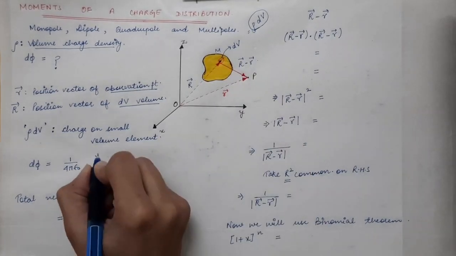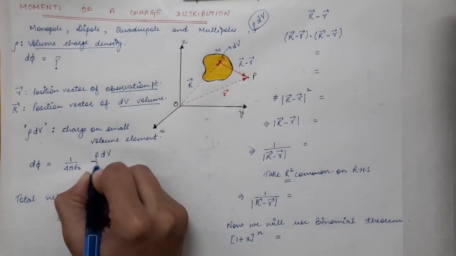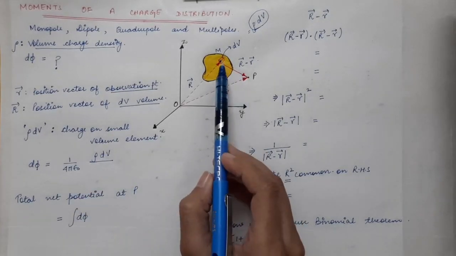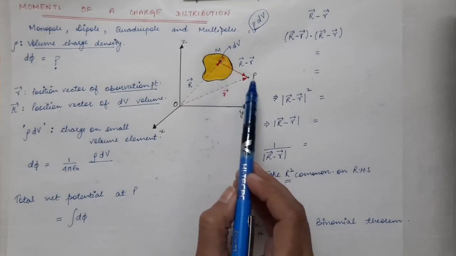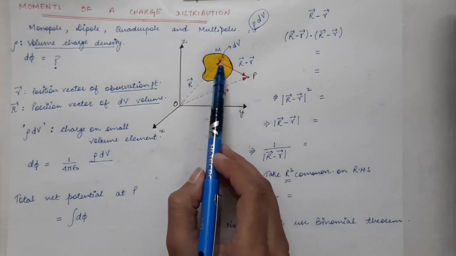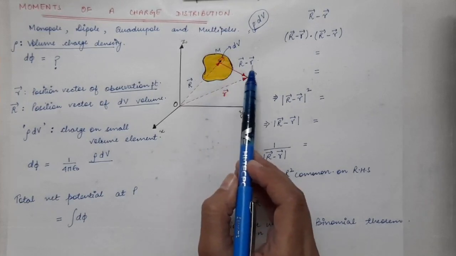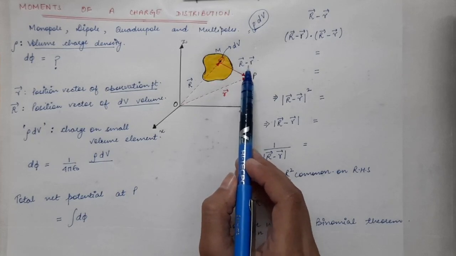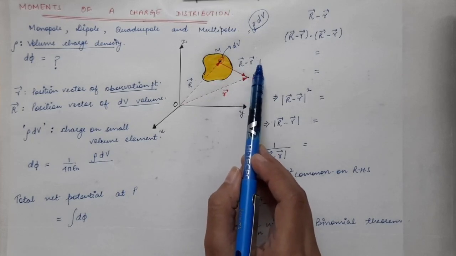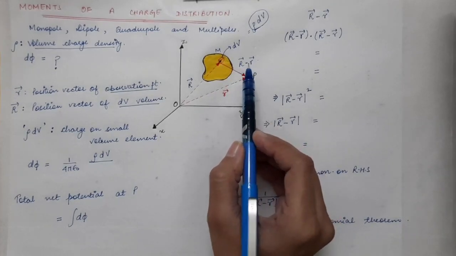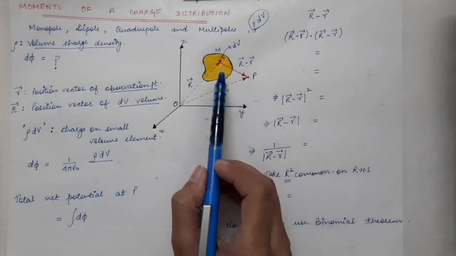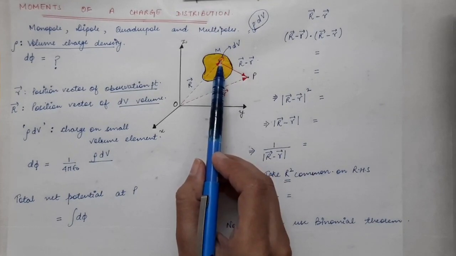So 1 by 4 pi epsilon naught into rho times dV divided by the distance of the observation point from this particular charge. So the distance of the observation point from this volume element is given by the magnitude of capital R vector minus small r vector.